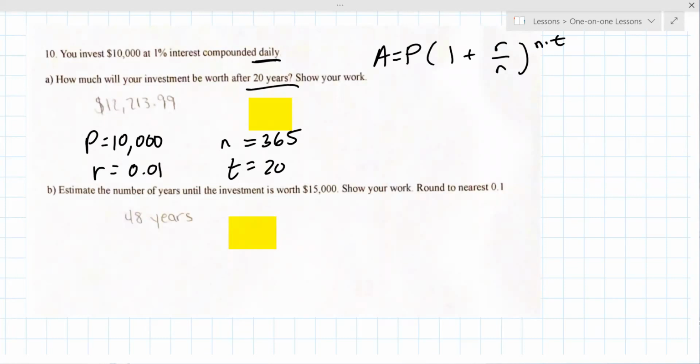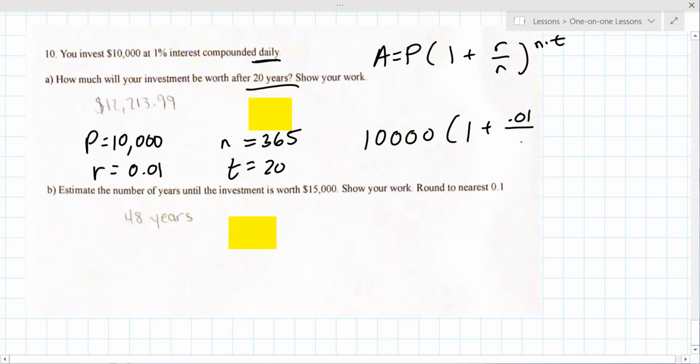All right, so this is definitely a calculator problem. It's 10,000 times 1 plus 0.01 over 365, to the 365 times 20. It should be worth, I mean, you're not that far off, I don't think.